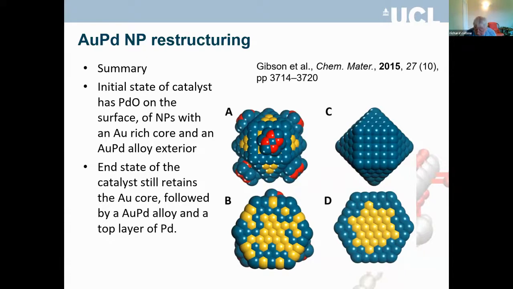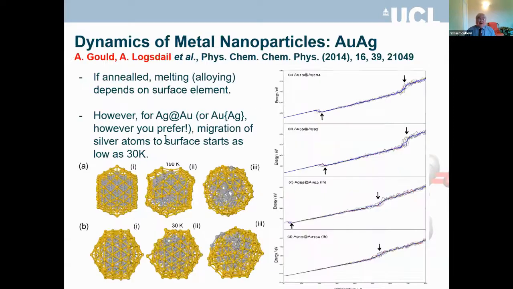It will have implications for the reactivity, for the changes in the reactivity during the operation of the catalyst. Just before I move on, I want to emphasize how dynamic these nanoparticles are. They will rapidly reconstruct.